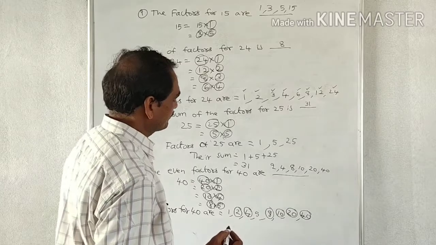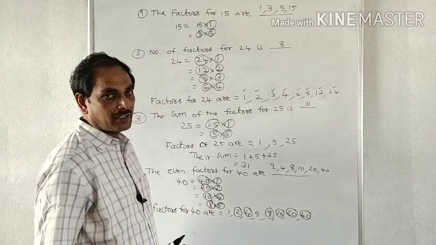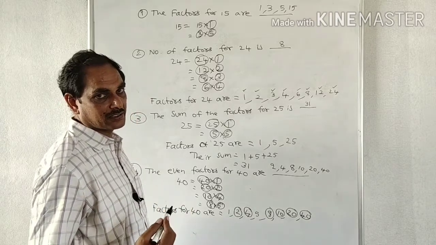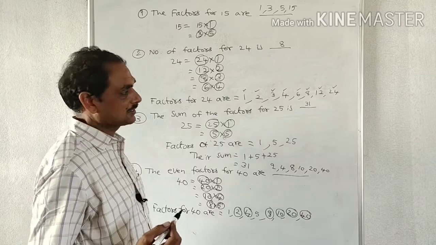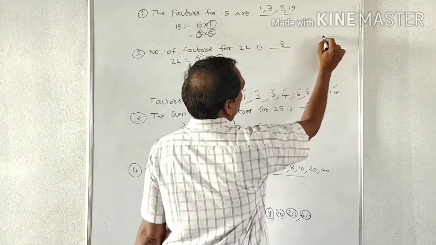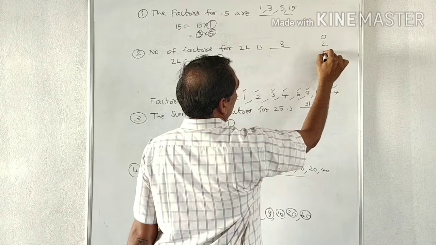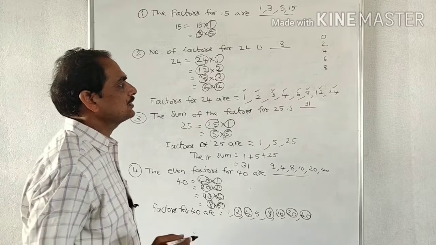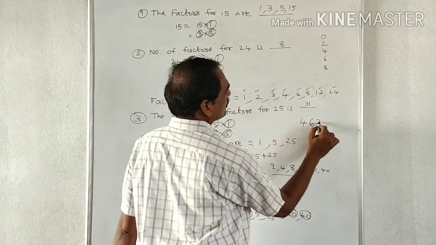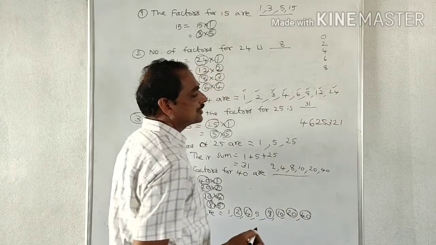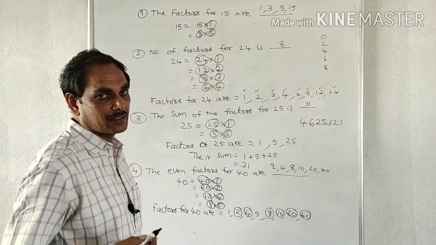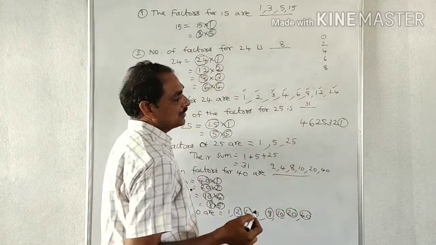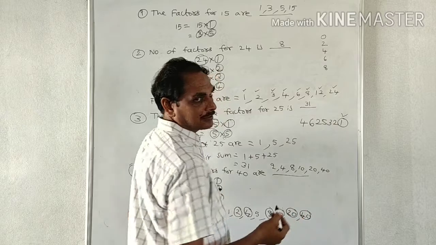We can find whether a given number is even or odd. First we observe the unit digit, the digit in the units place. If the digit in the units place is 0, 2, 4, 6, or 8, then we say the number is an even number. Suppose we are given 4625321. Is it even or odd? We go to the units place, which contains 1.